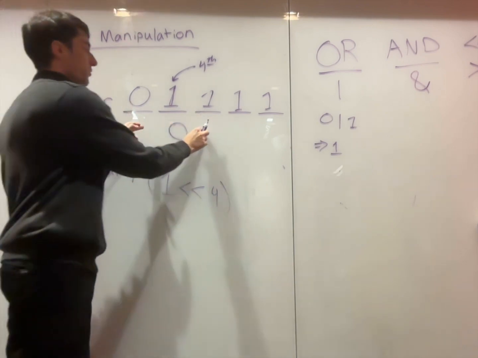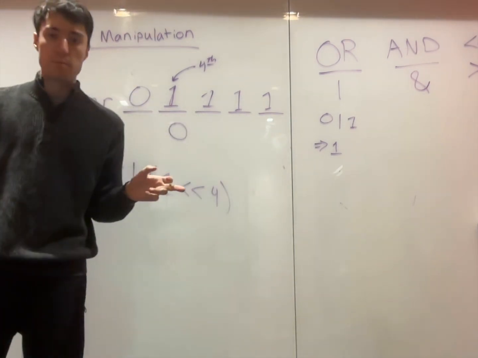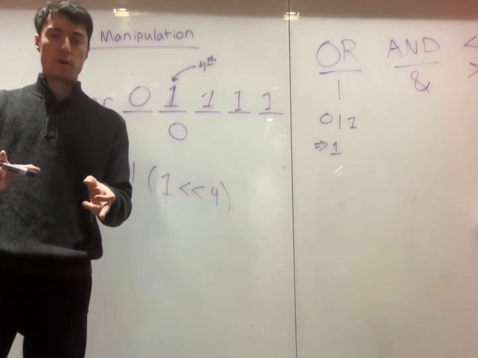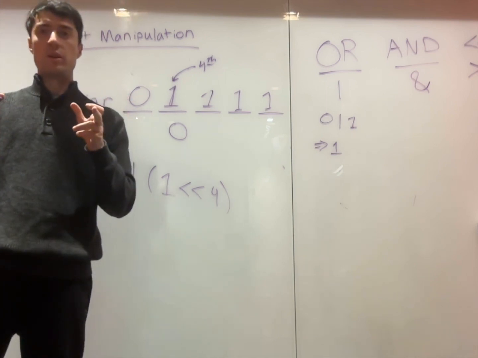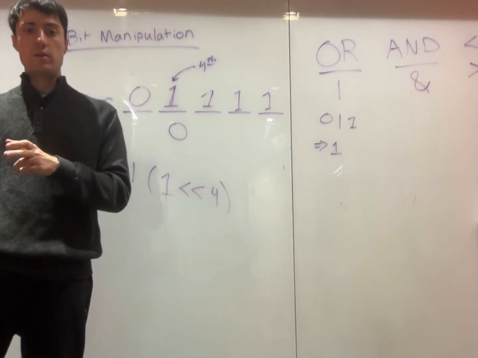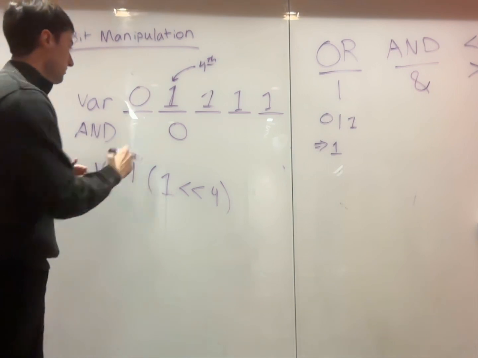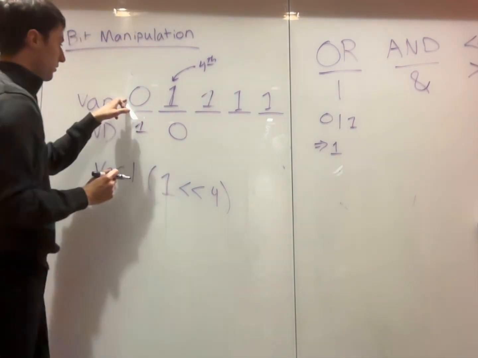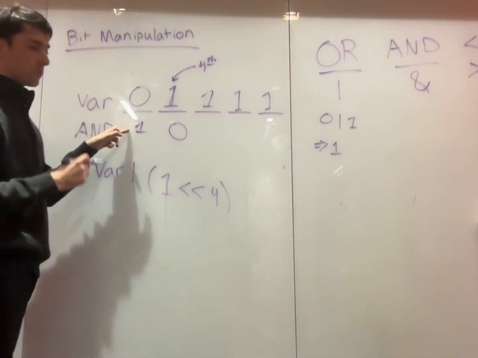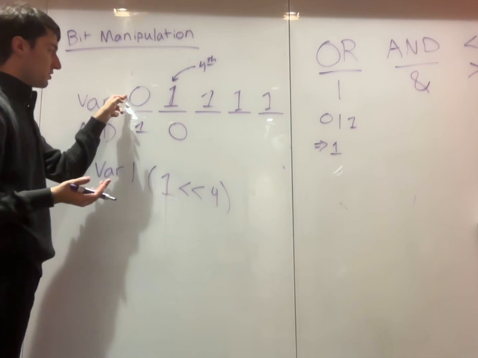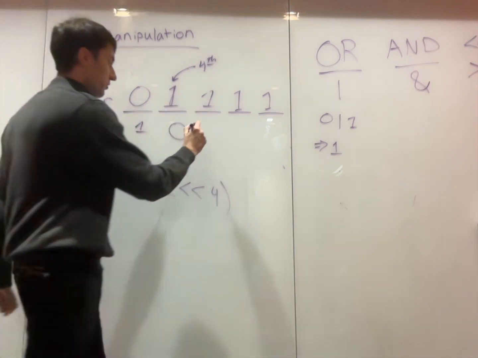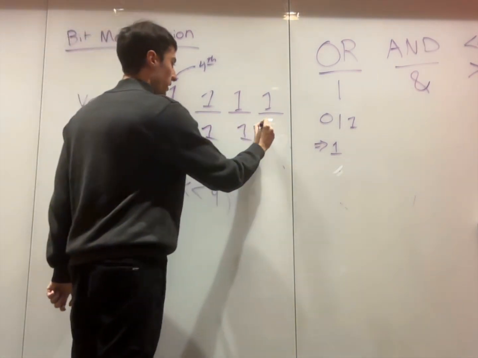Now, we want all of the other ones to remain the same. Now, in an AND operation, how does everything remain the same? If you set it to 1, because if this is a 1, 0 and 1 is going to evaluate to 0, so it stays the same. 1 and 1, so we want 1s everywhere here.